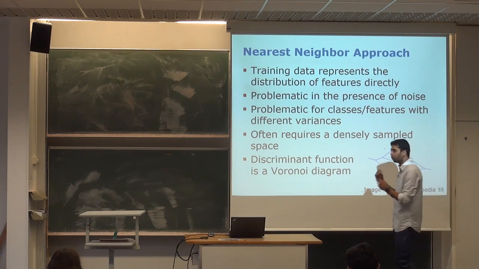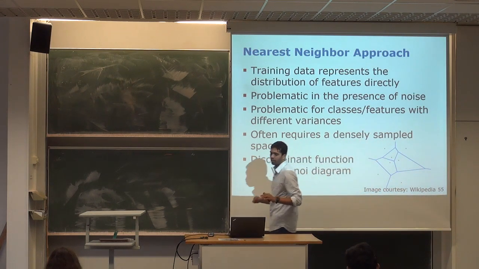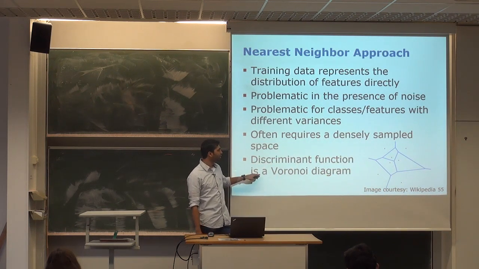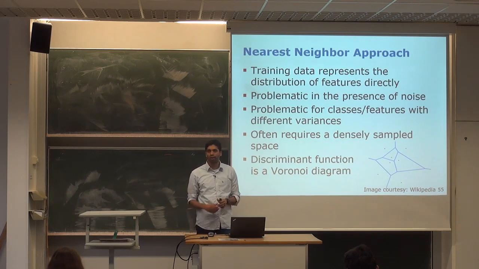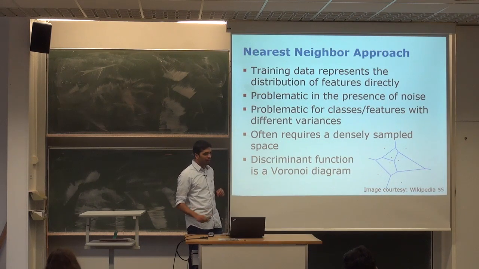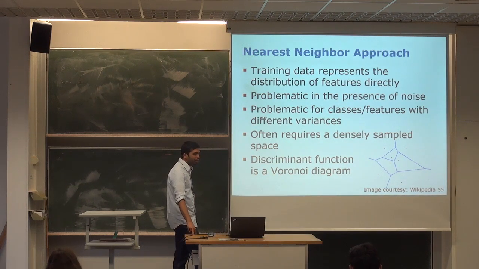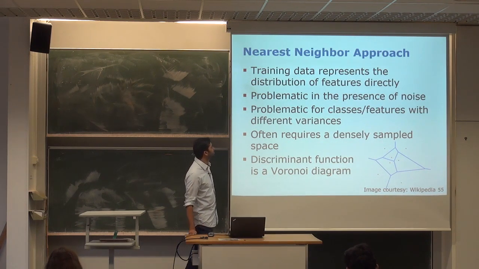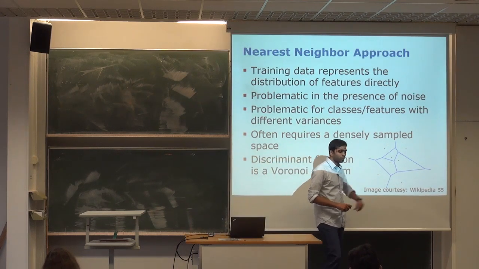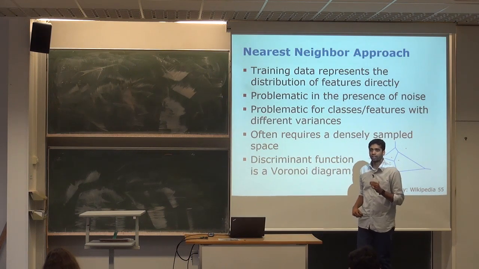So what we saw before, you could equivalently think of it as coming up with a discriminant function, and often in literature you would come across what is called a Voronoi diagram or a Voronoi analysis. However, there are some limitations of this. For example, what if your data is not really perfect and there's lots of noise in there?